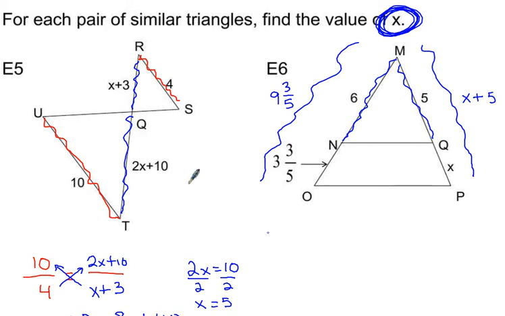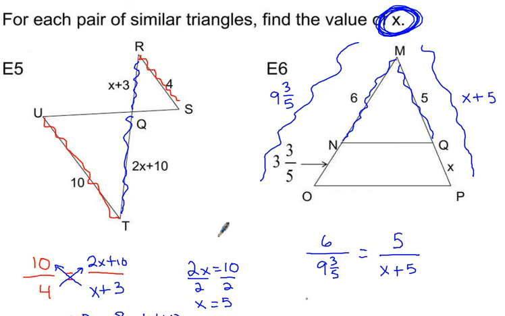So when we set this up, it's going to be the short piece right here, 6, over the long piece on this side, which is 9 and 3/5, equals the short piece on this side, which is 5, over the long piece over here, which is x plus 5. Good.